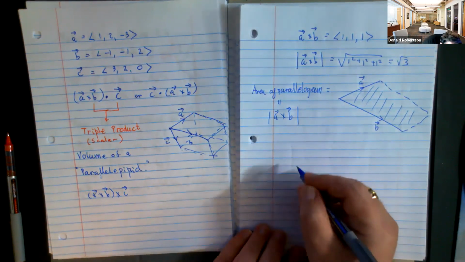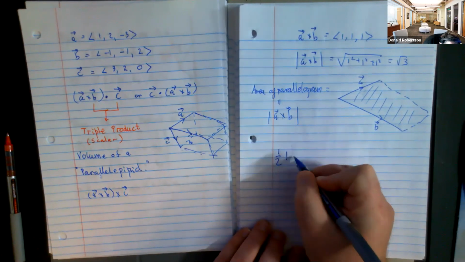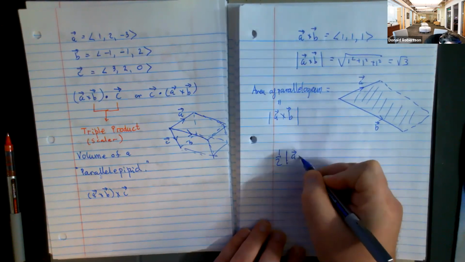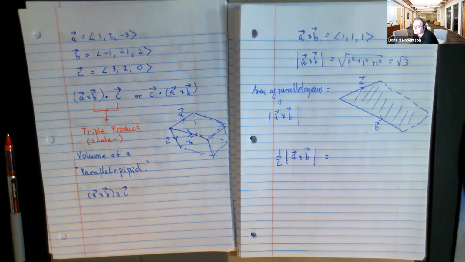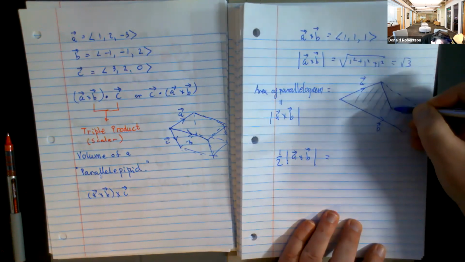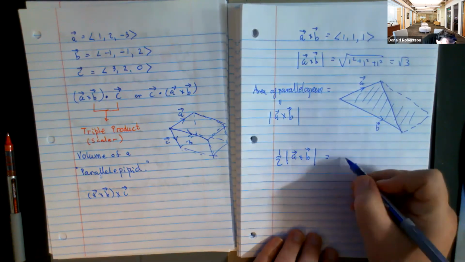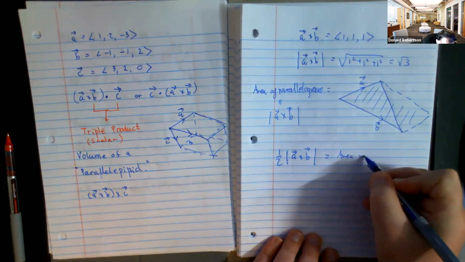Now, what would half the magnitude of a cross product get me? Area of the triangle. Correct. So if you imagine a line going down here, it gives you the area of the triangle.